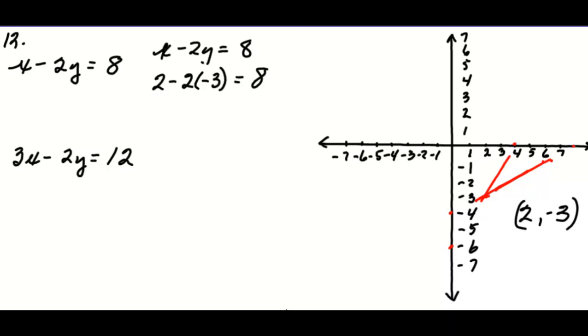Obviously, if you hurry things, you can make mistakes, and I've demonstrated that now. So 2 plus 6 equals 8, and 8 does equal 8. So that works as a solution for that first equation. Now looking at the second equation, 3x minus 2y equals 12.